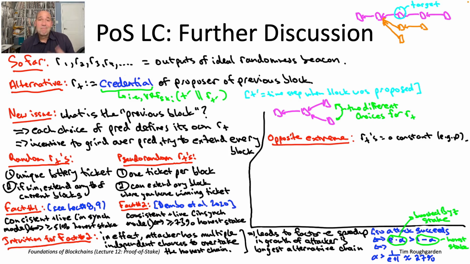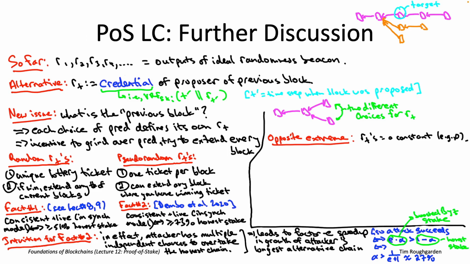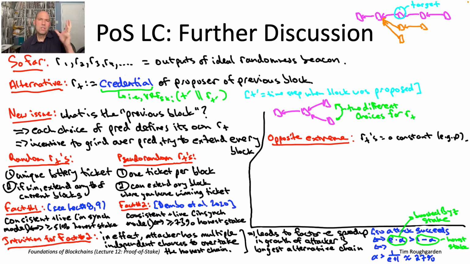But still, every time step, everybody's going to be getting some different credential, because they're evaluating this VRF with different private keys. So that's the sense in which it's not completely crazy. And moreover, there's one obvious benefit, which is, talk about not being manipulable, right? If you don't even have the pseudorandom R sub T, then obviously none of the nodes are in a position to manipulate them.